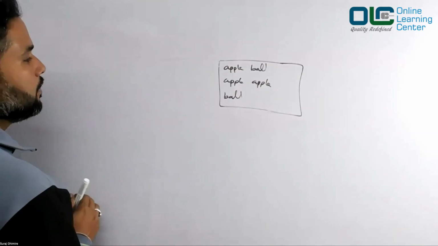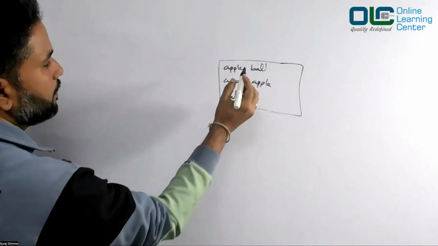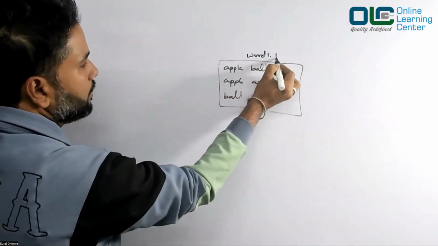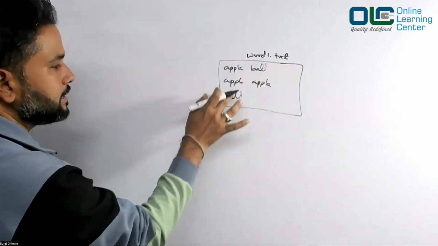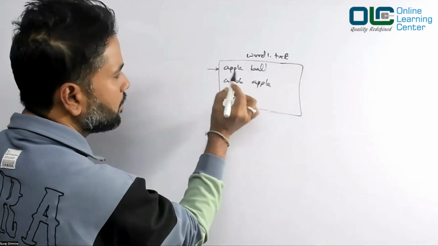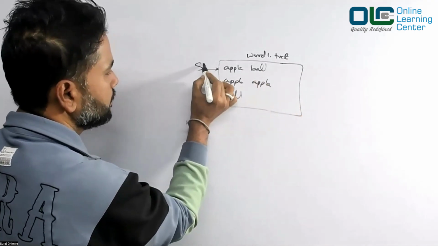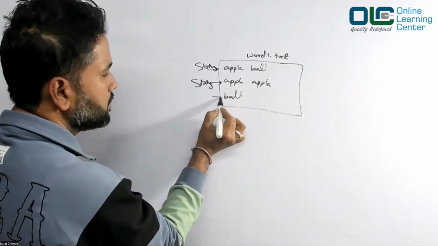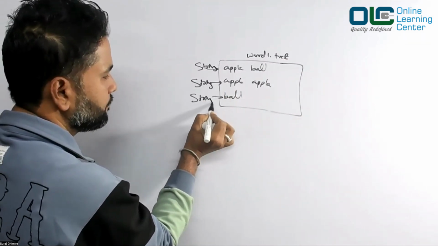All right, now look into this. We have created a file called word1.txt, and let us say the content of this file is this. Now if you see, this is a complete line which is a string. This is another complete line which is a string. This is a complete line which is also a string.